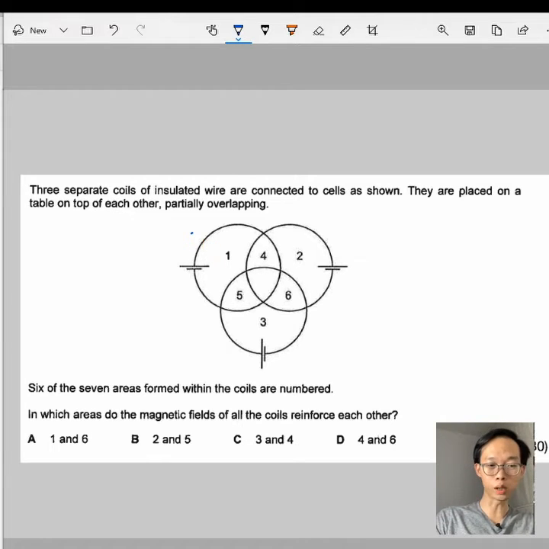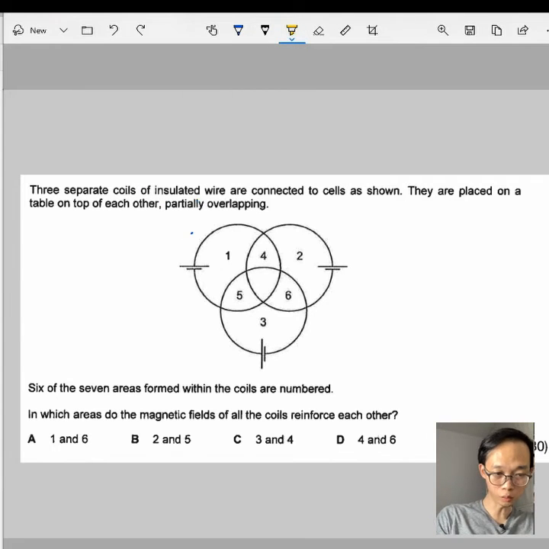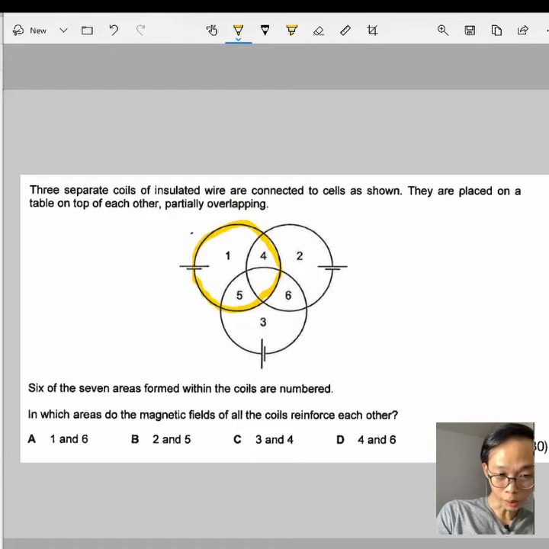So what you can do is this. For one coil, use one color. So for this coil we can use yellow, and then we can draw using the highlighter the magnetic field and the current due to this coil.